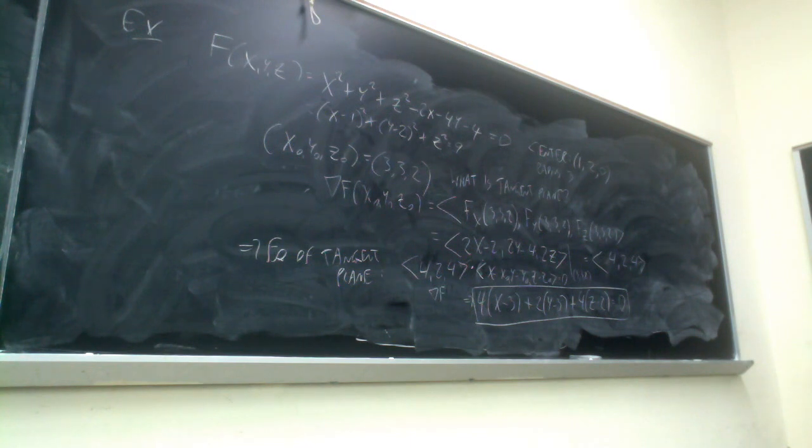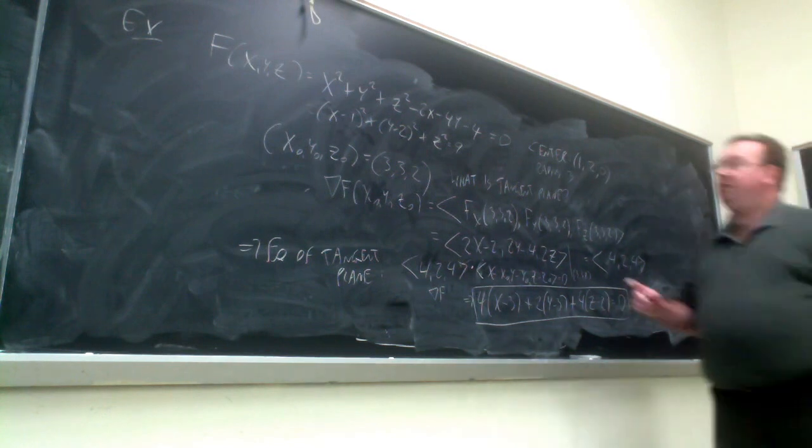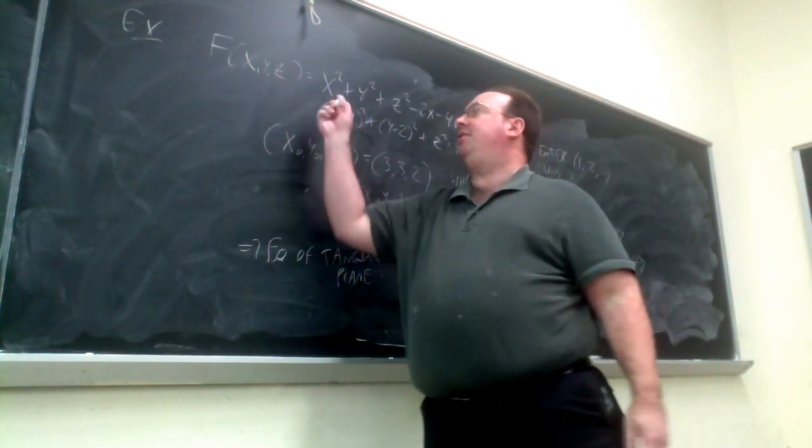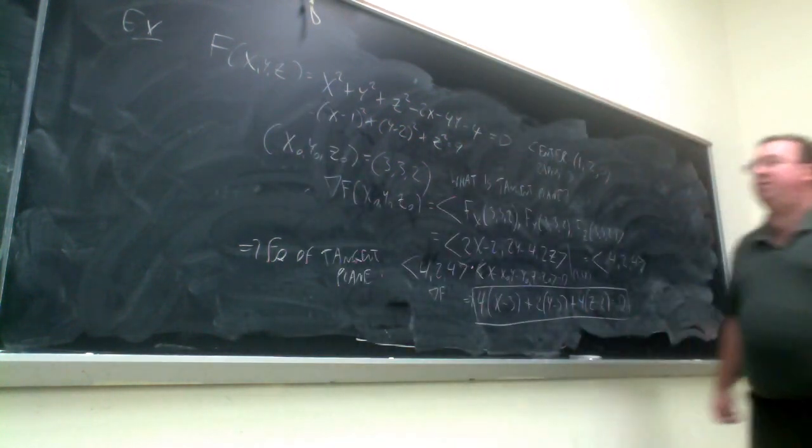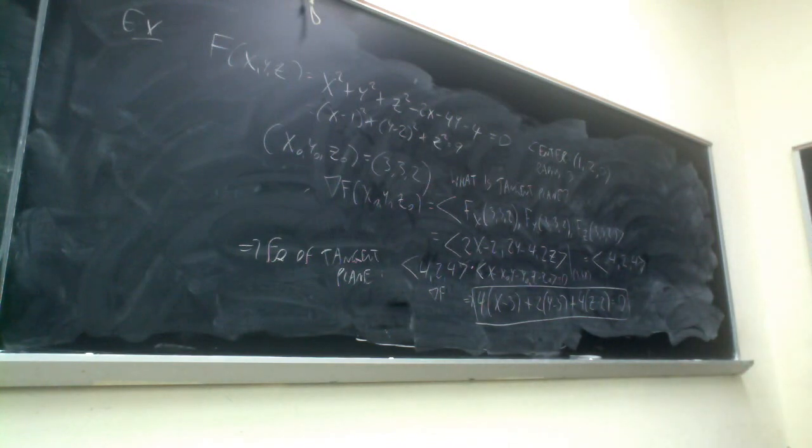Now keep in mind, it's only for a case where your surface is described implicitly, big F of x, y, z equal to 0. If it's described explicitly, z is equal to a function of x and y, then use a formula I wrote way back at the beginning of class.